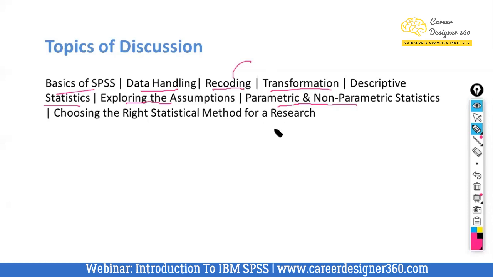See, we all are involved in some kind of research, and for the research to be right, it is very necessary that we understand the data, what type of data we have, whether our assumptions are met or not, what type of statistics we are going to use, and whether the test statistic we are going to use is fit for the purpose or not.